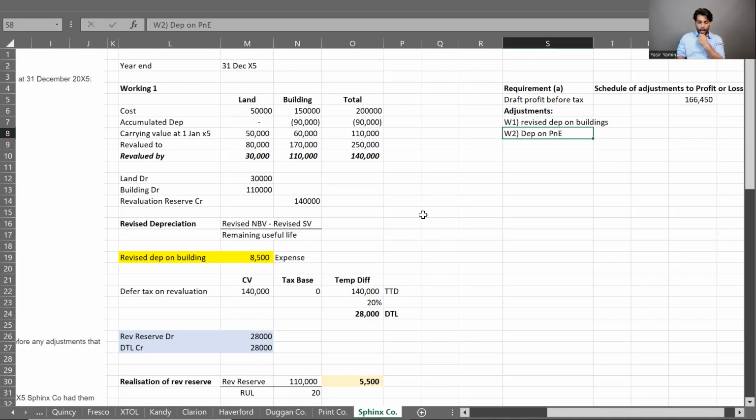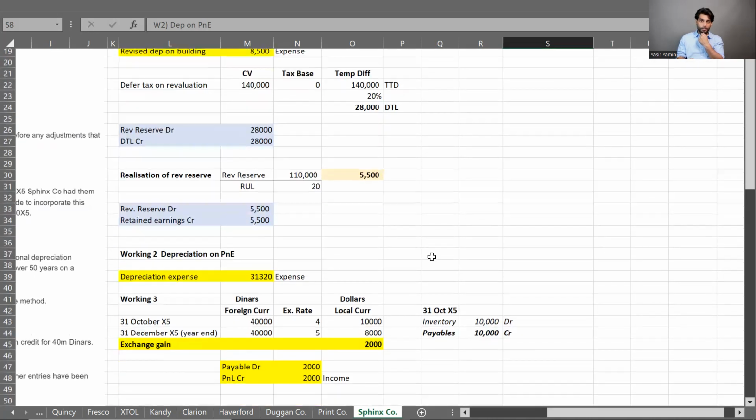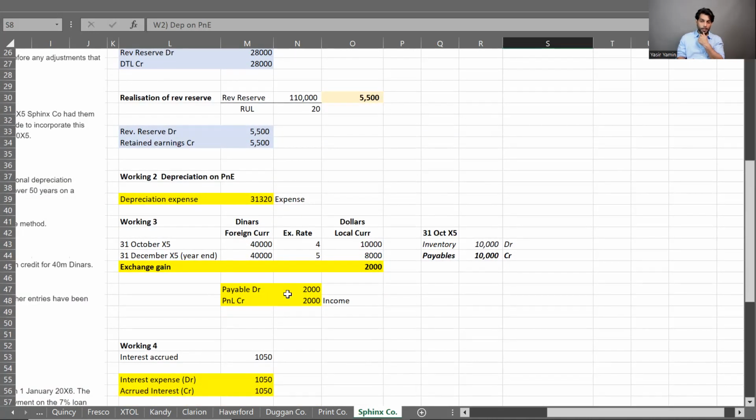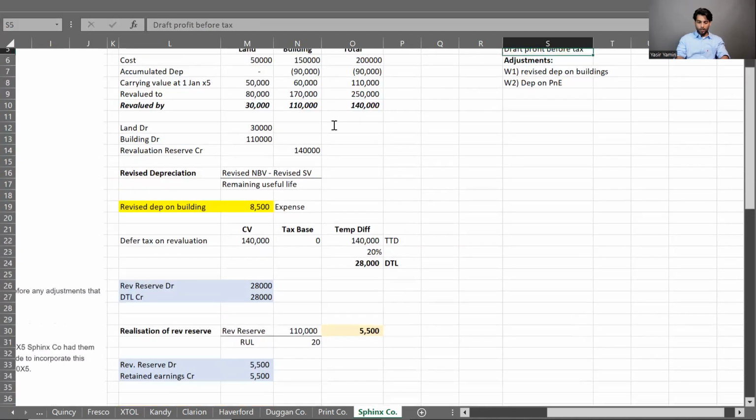Then you have working number three, and here you have an exchange gain on payables. So again, I'll just write it down for your examiner. Working number three, exchange gain.